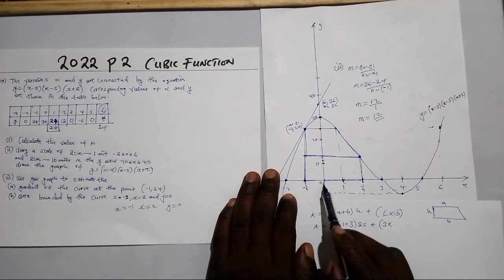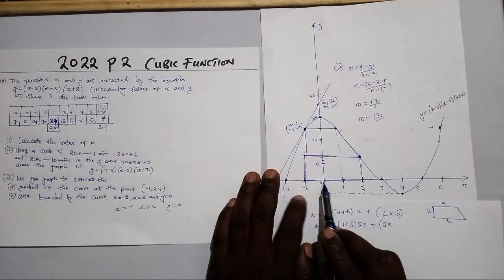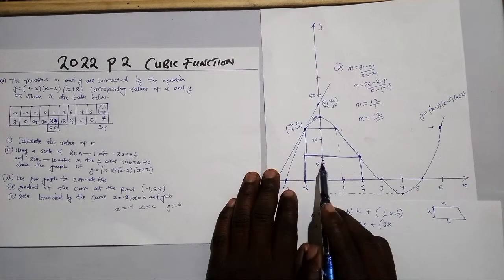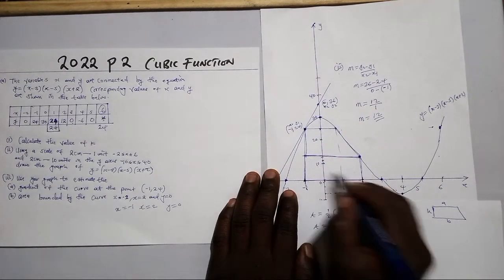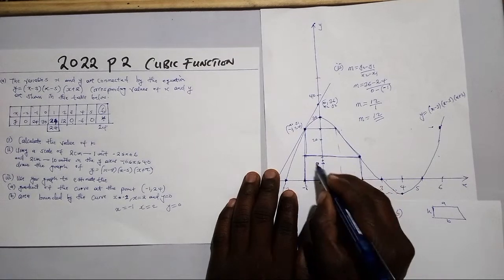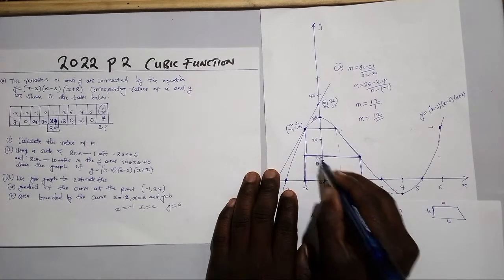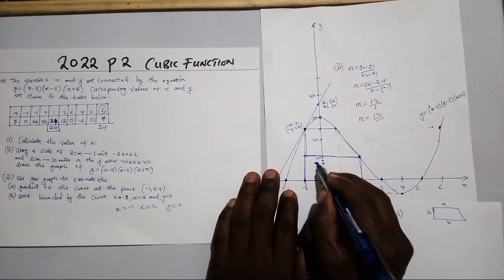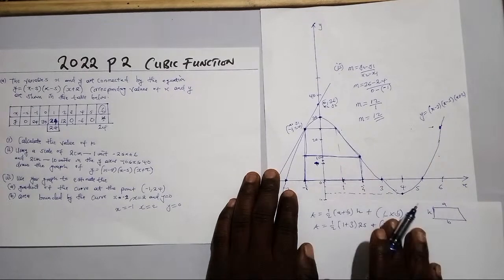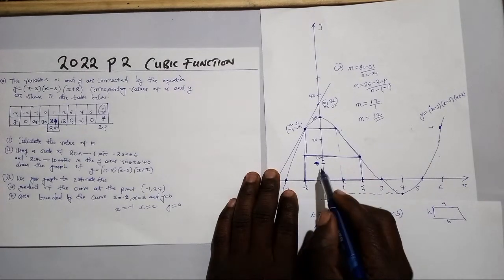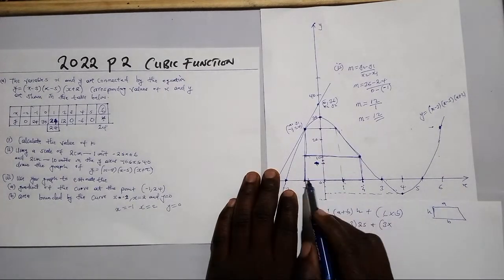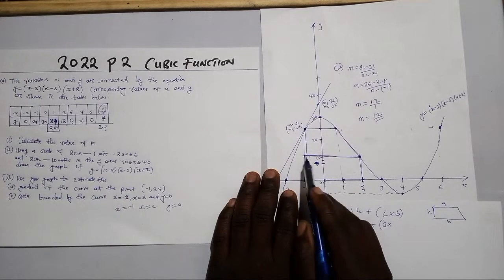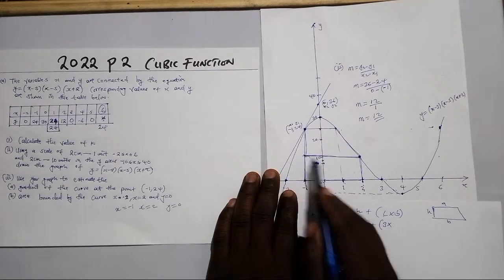then the height, you start from here to where this is, so we're going to say 10 is here. So our breadth is from this point to here, so it is 10.